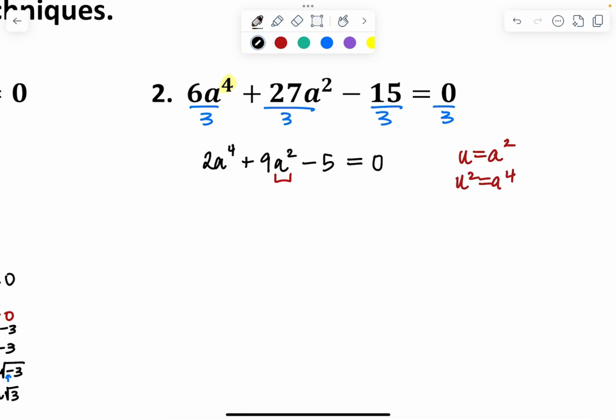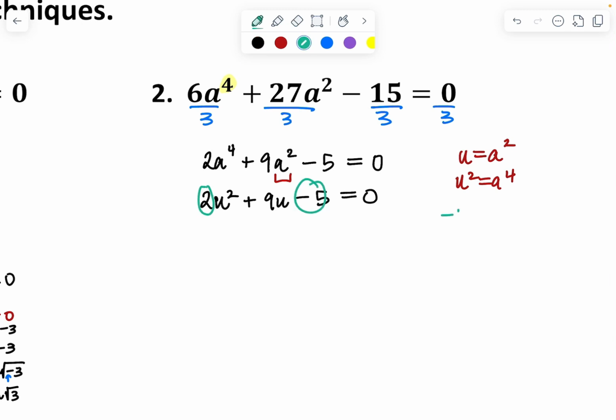And so I can replace the a to the 4th with a u squared. And we can replace a squared with just u. And so now we factor this just like we would any other trinomial.